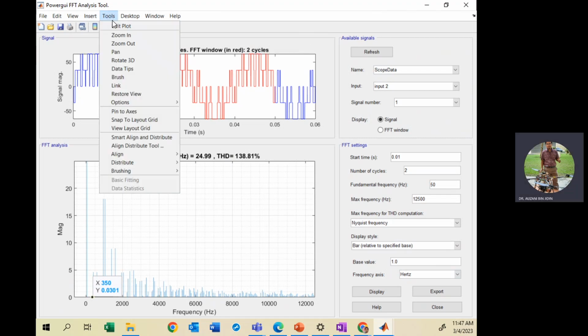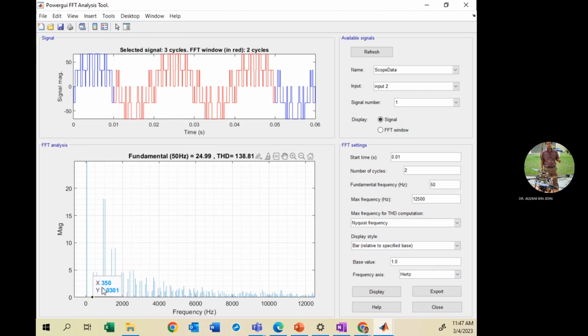So in order to minimize or reduce the size of the filter, you must push the nearest harmonic to be located at high frequencies. Because in this case, the triangular frequency I set is 500 Hertz. The triangular frequency, 500 Hertz.